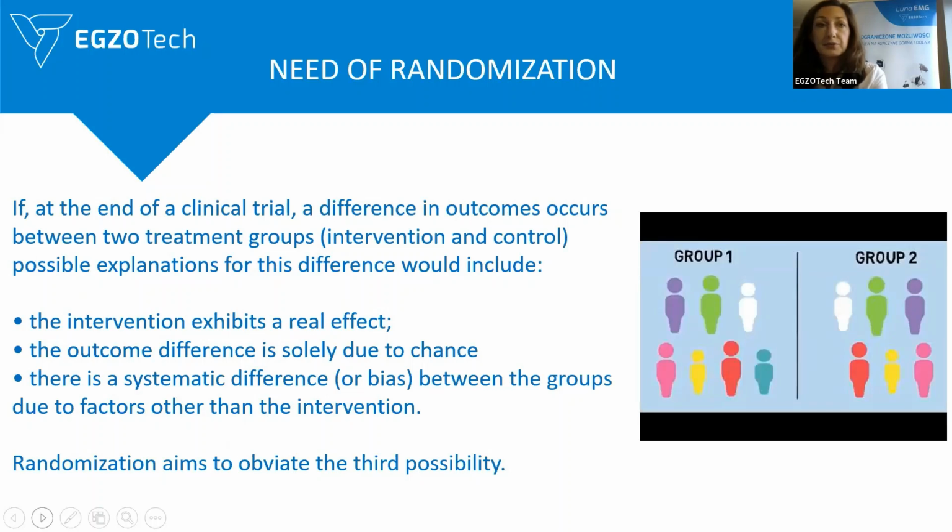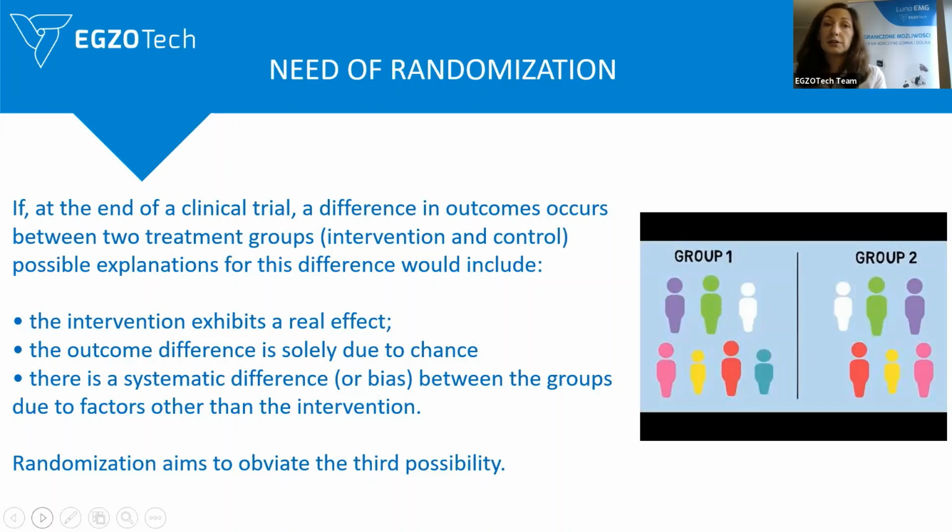What is the need for randomization? Well, if at the end of a clinical trial any difference in outcomes occurs between two treatment groups, so we compare the intervention and control, we can explain it in several ways: that the intervention exhibits a real effect, or the outcome difference is solely due to chance, or there is a systematic difference or bias between the groups due to factors other than the intervention.